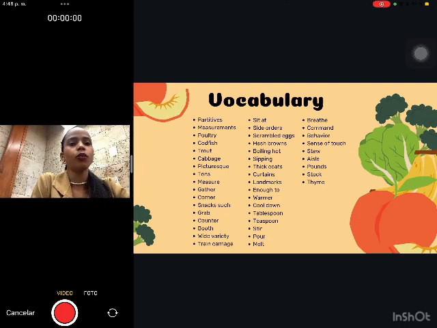Particles, measurement, poultry, codfish, through, cabbage, lizard, stones, corner, snack, grape, white variety, train carriage, sit at, side order, scrambled eggs, hash brown, boiling hot, steeping, tickles, curtains, landmarks, enough to, warmer, cool down, tablespoon, teaspoon, stir, pour, melt, breathe, common, behavior, sense of touch, stiff, ice, pounds, stone, thief.